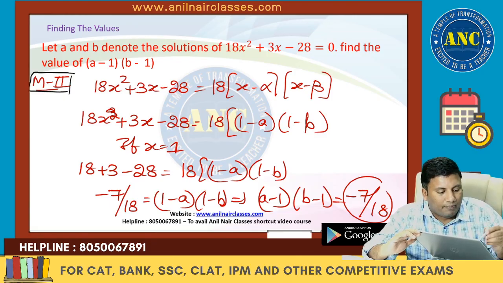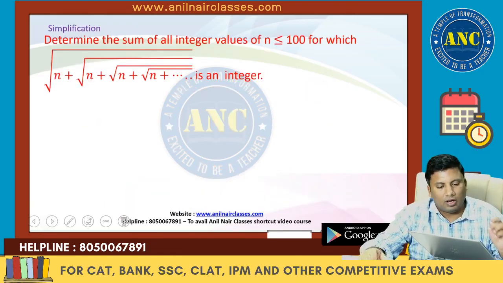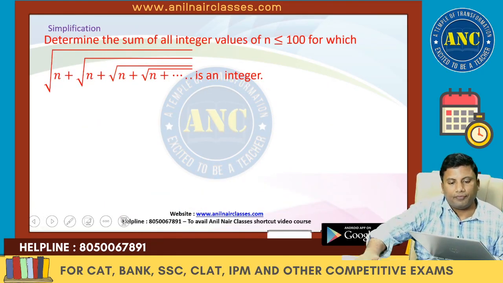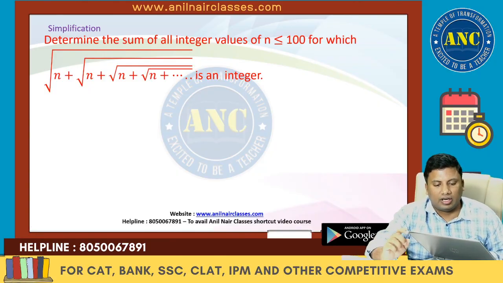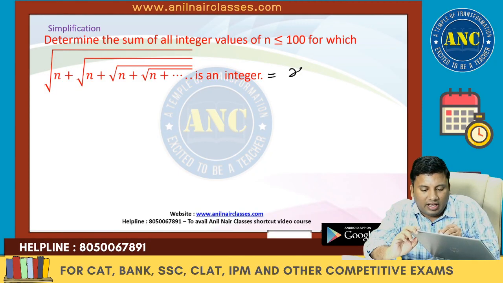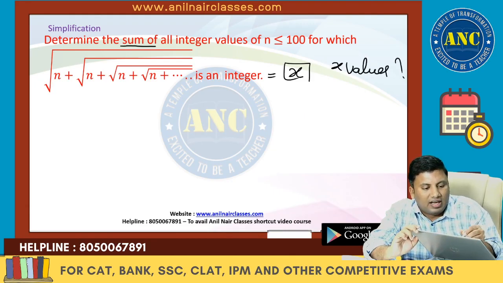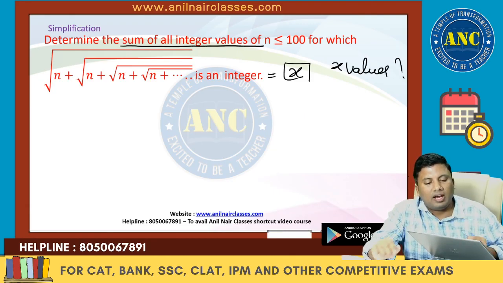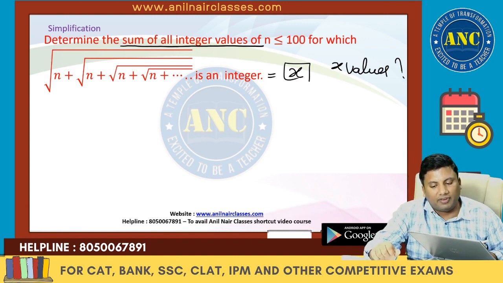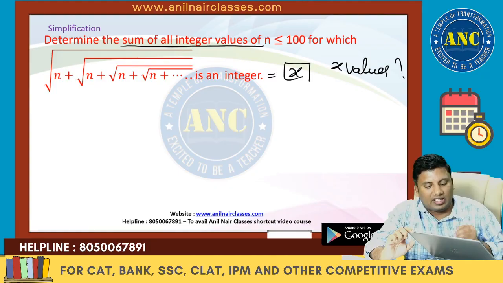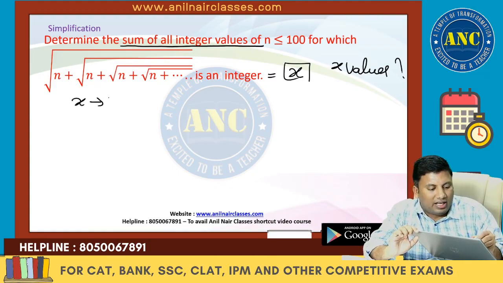Now see here. We already did this question, but we did it for x; we found out the values of x. But the question here is: determine the sum of all integer values of n less than or equal to 100 for which x is an integer.